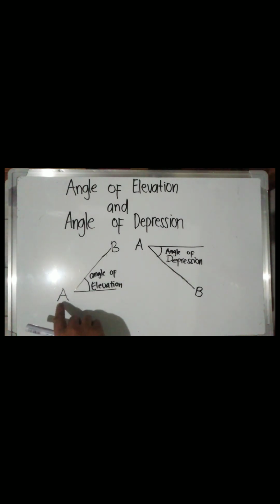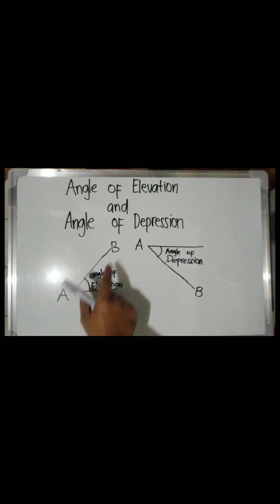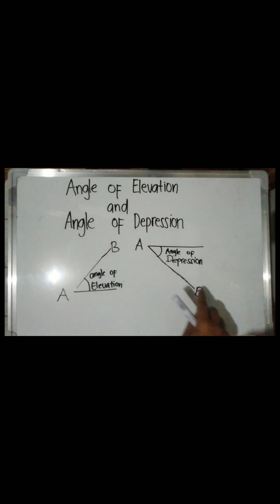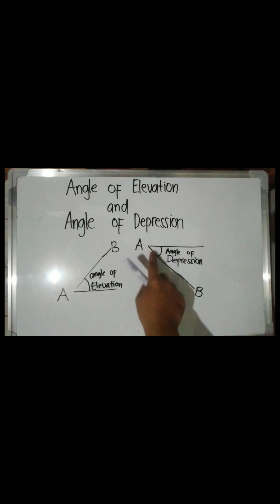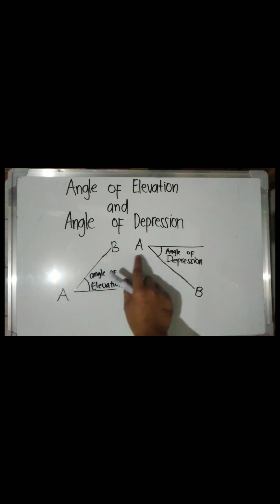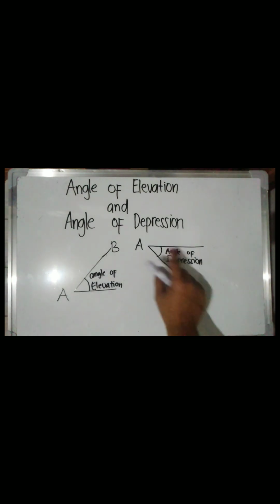Meanwhile, the angle of depression is when you are here at point A and you're looking down at point B. So in elevation, you're just looking up, and the angle of depression is just you're looking down.